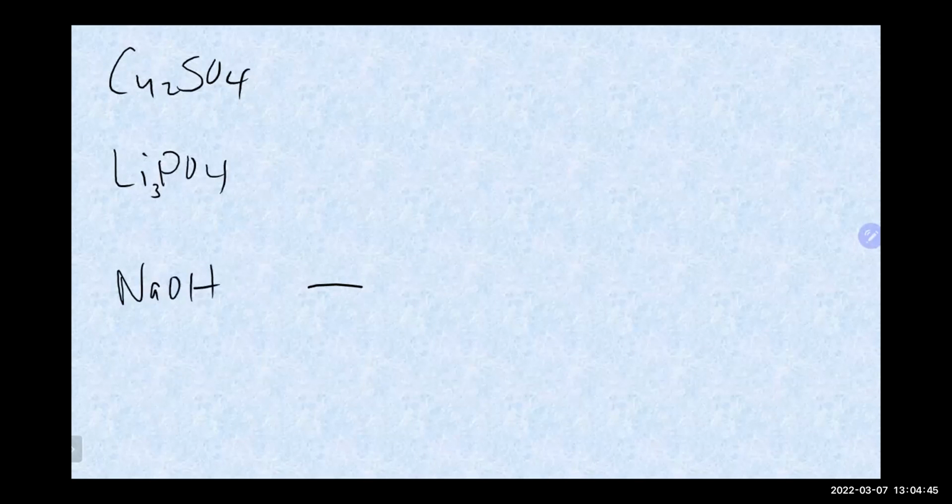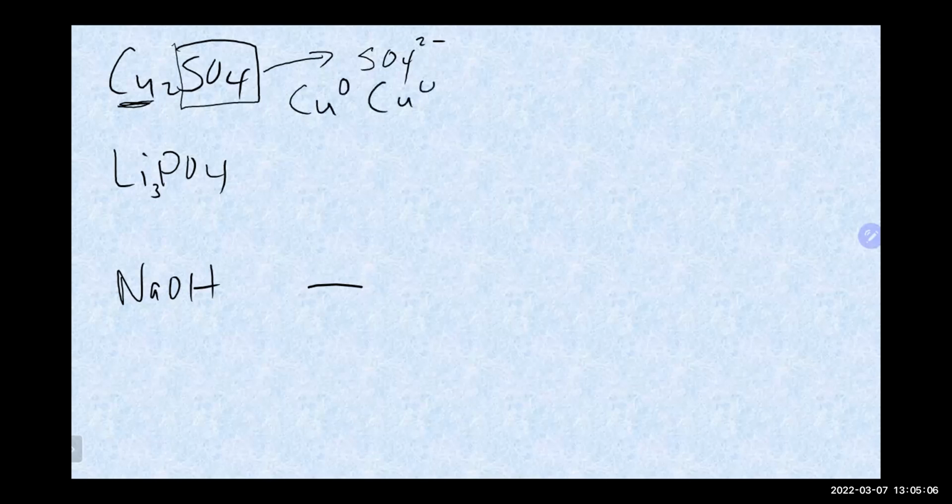Okay, so looking at these, we see copper, which is a metal. Again, when we look at this, sulfate is SO4 2-. In this case, we do need to figure out the charge on the copper, and we do need a Roman numeral. We have not one copper, but we do have 2 of them. And it's important to know that the charge on the sulfate is -2.